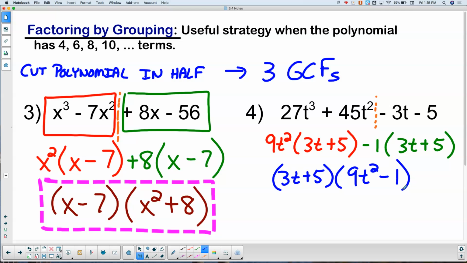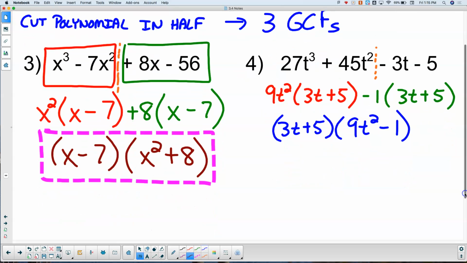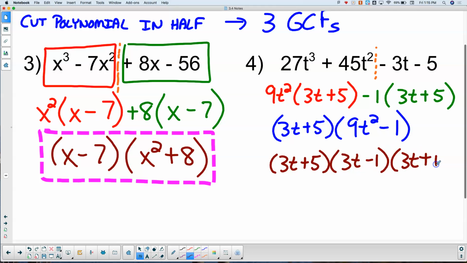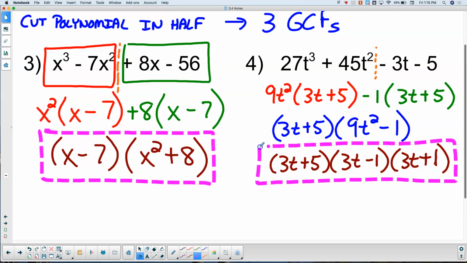Yes? So then this becomes 3t plus 5, 3t minus 1, 3t plus 1. Good?